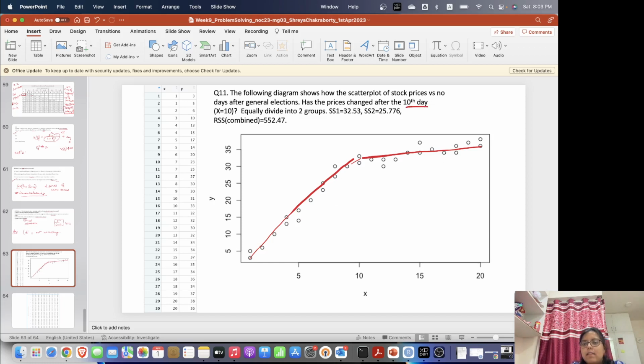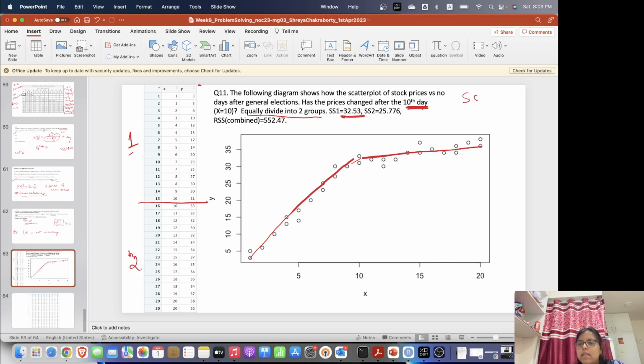So we have to see if it has changed after the 10th day. What we are going to do is split this with respect to x equal to 10. Here we have been asked to divide equally into groups. So this will be my group 1, this will be my group 2. Then fitting y on x from table 1, I got SS1 as this one.